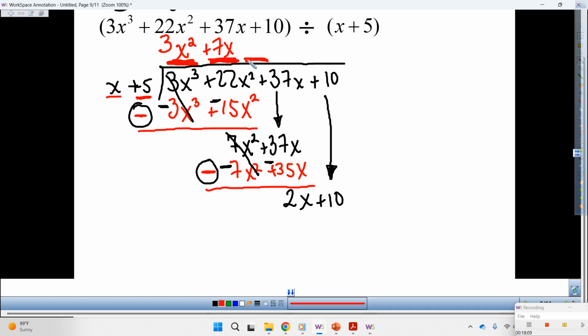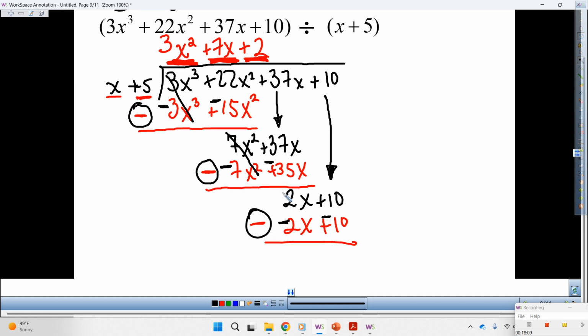Lastly, we do the process one more time. What number times x, let's see, gives us 2x? Tell your neighbor. What number times x gives us 2x, everyone? Plus 2, that is correct. So 2 times x is 2x. 2 times 5 is 10. We subtract, circle it so you can distribute here and here.